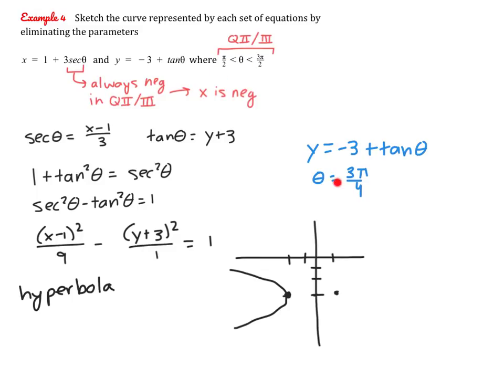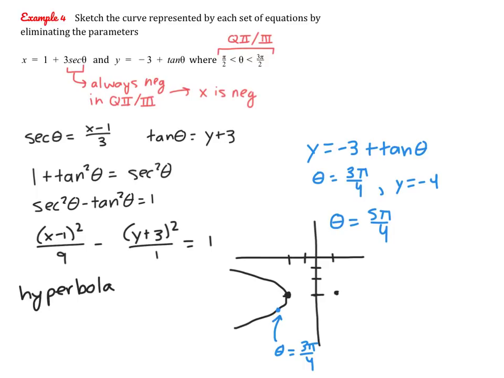So I know that the tangent of 3 pi over 4 is -1, which means y is going to be -4. So that's going to be some value down here. This is when theta is 3 pi over 4. Now let's test another value. Let's test what's happening when theta is 5 pi over 4, which is in quadrant 3.